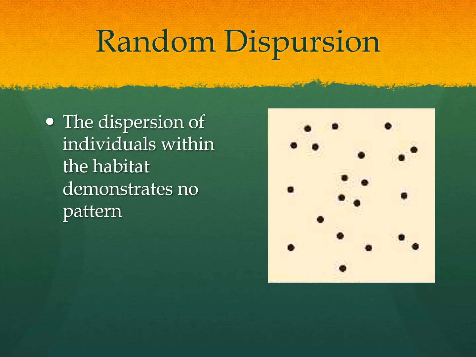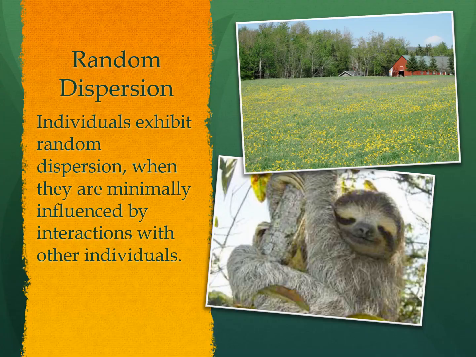Now, random dispersion. The dispersion of individuals within the habitat demonstrates no pattern. Individuals exhibit random dispersion when they are minimally influenced by interactions with other individuals. So, for example, dandelions or sloths are a couple examples of randomly dispersed individuals.